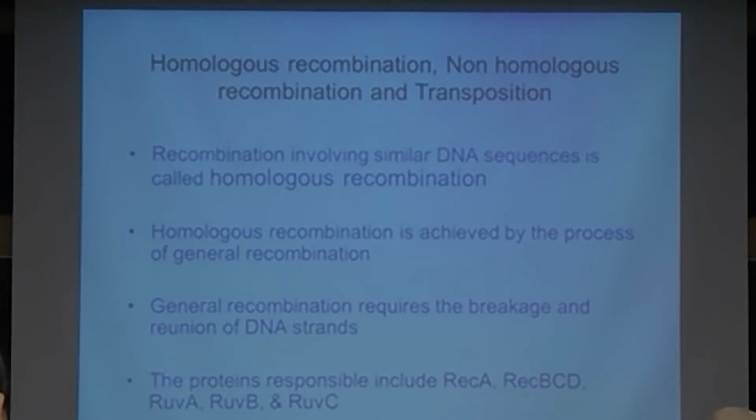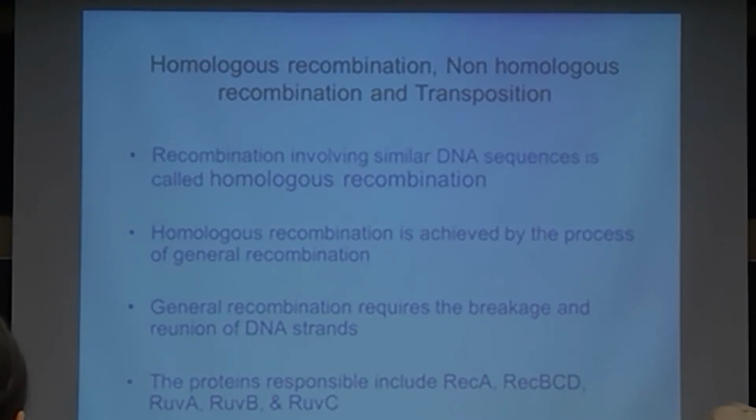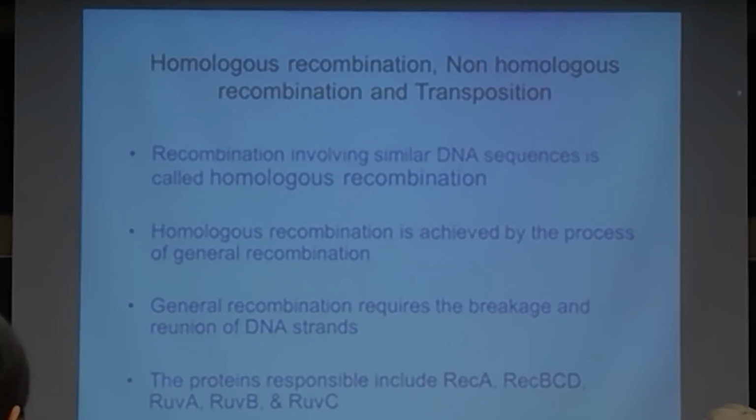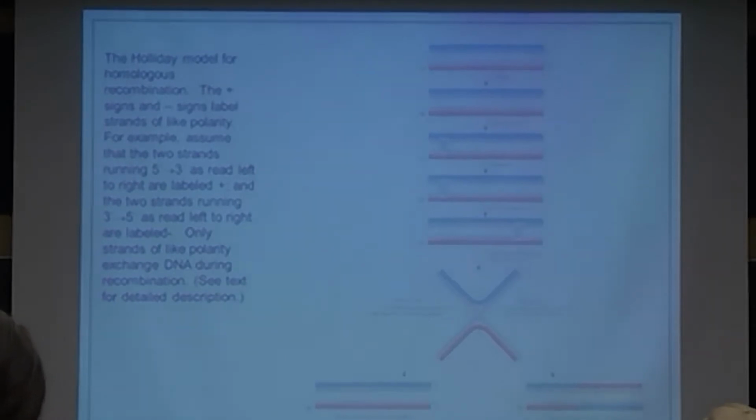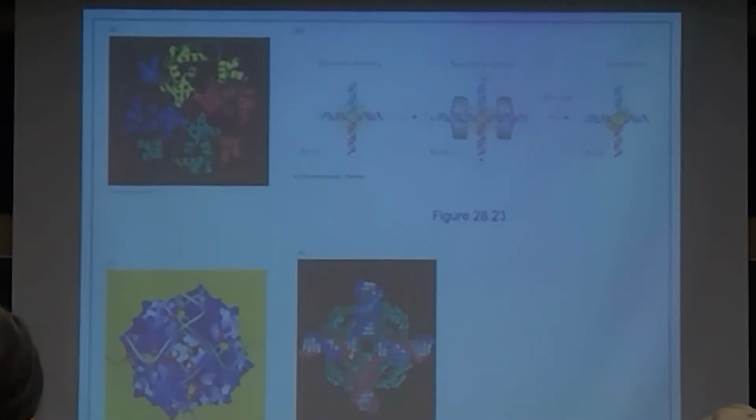But for your class, don't worry. For the exam, don't worry about it. Okay? For exam, know that the recombination happens, the Holliday model of recombination, some of the names of the common recombination related proteins. Does it make sense? Okay, so Holliday model of recombination events.